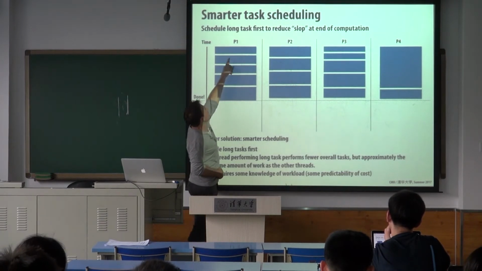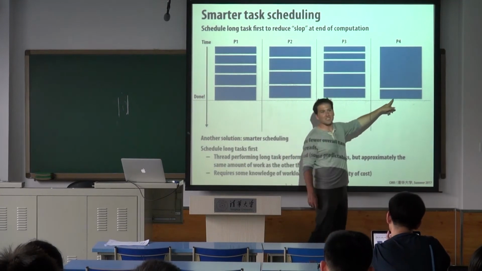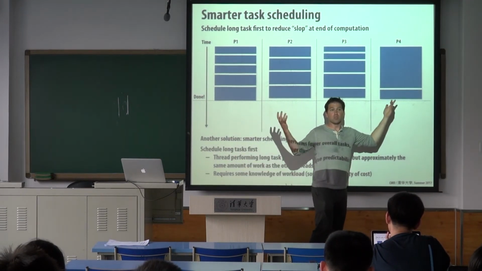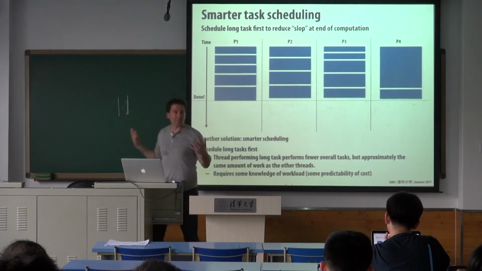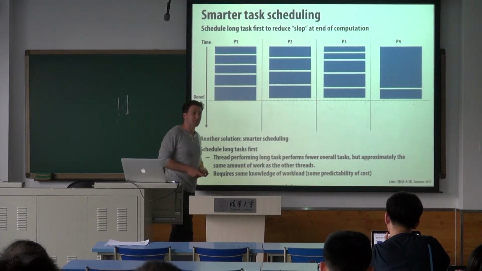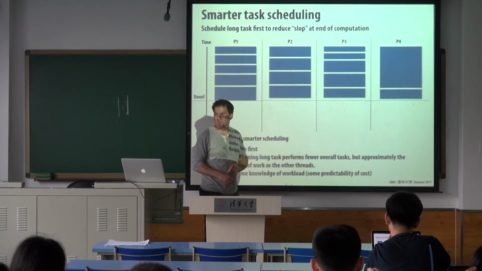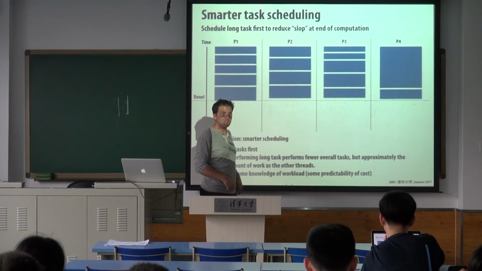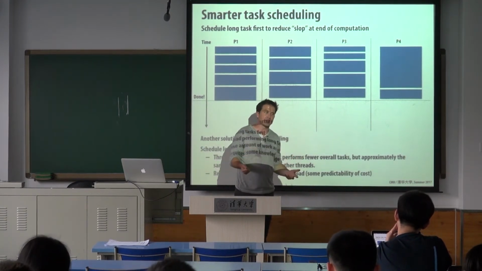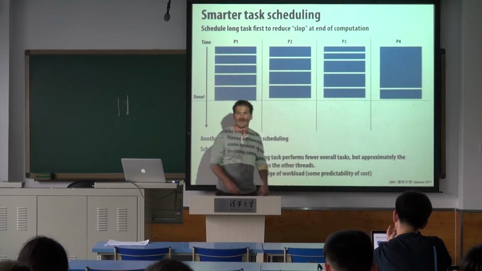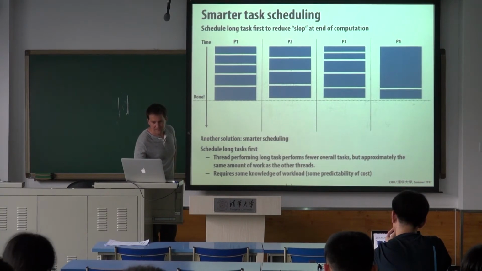So processor 1 does 1, 2, 3, 4, 5 things. Processor 4 only did 2 things. But no problem, everybody is busy all the time. That's as good as I can do. But we had to know something about how expensive the tasks were to do this. So you'll find that when you're scheduling, if you know something about what you're scheduling, usually you can come up with a much better scheduling algorithm.